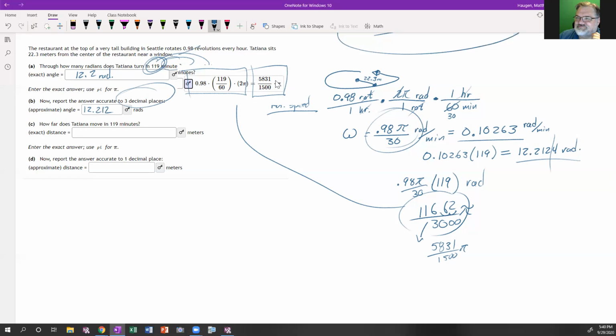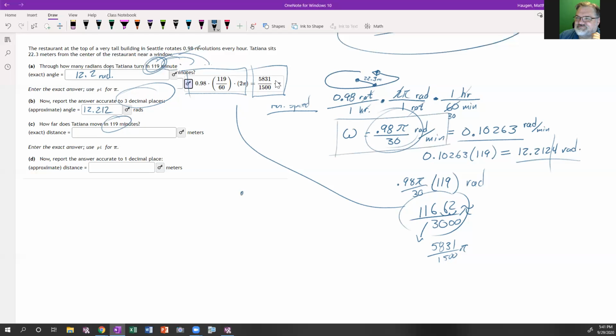How far does this person go in 119 minutes? Well, 119 minutes, how far did they go? We could actually answer that question in a couple of different ways. But again, we know the angular speed.